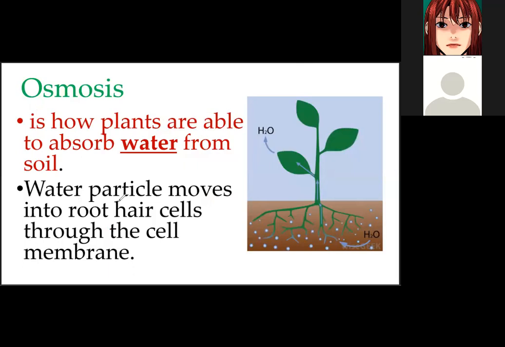Water particles move into root hair cells through the cell membrane. The process is what we call osmosis, right? This is for water. And this is the work of the xylem.